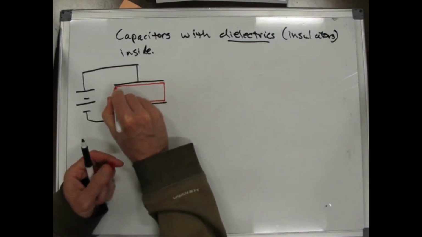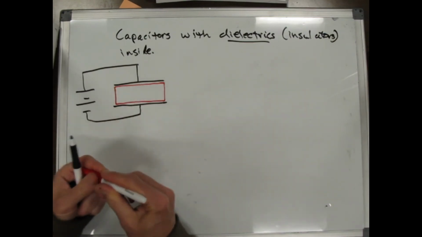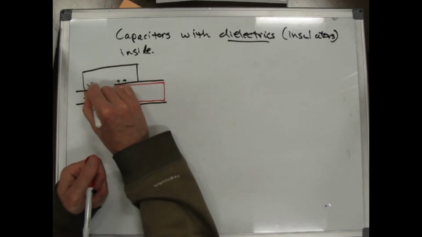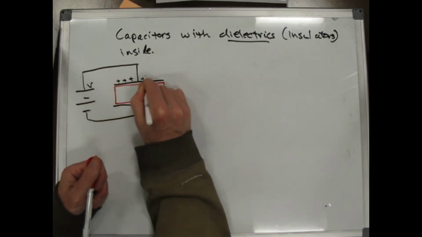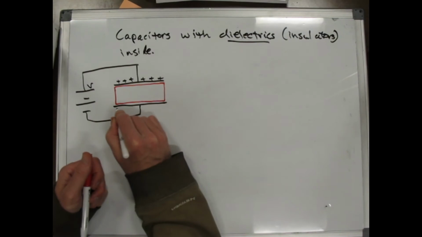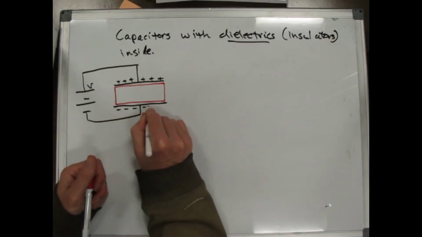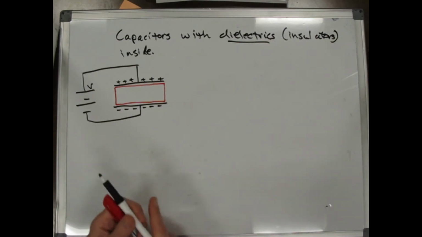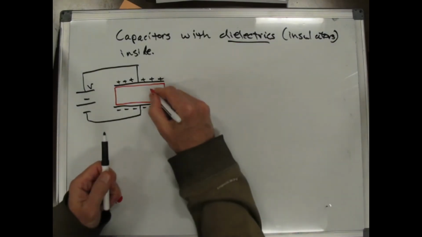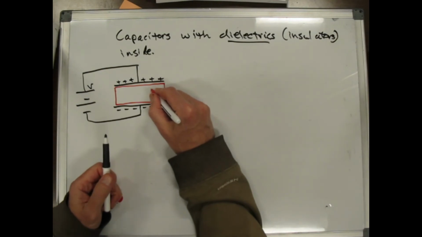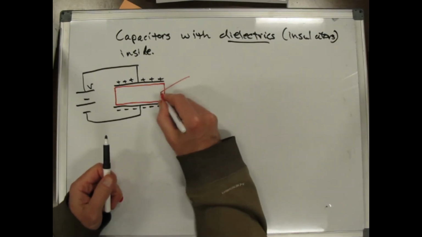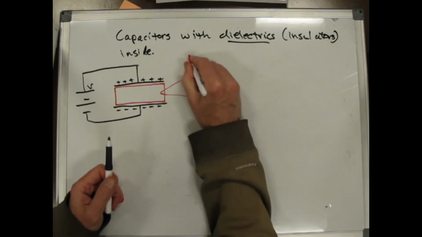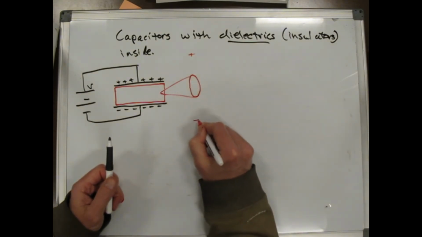Now, because it's non-conducting, the charges are still trapped on the plates. But if you look at the individual molecules inside the dielectric, I'm just going to pull out a molecule. Here's my molecule. Well, it sees a positive charge up here and a negative charge down here.